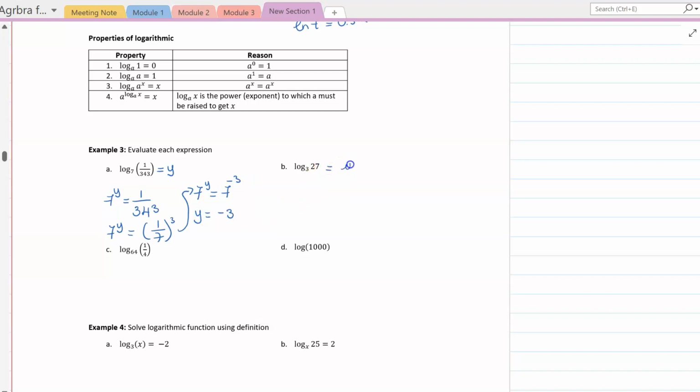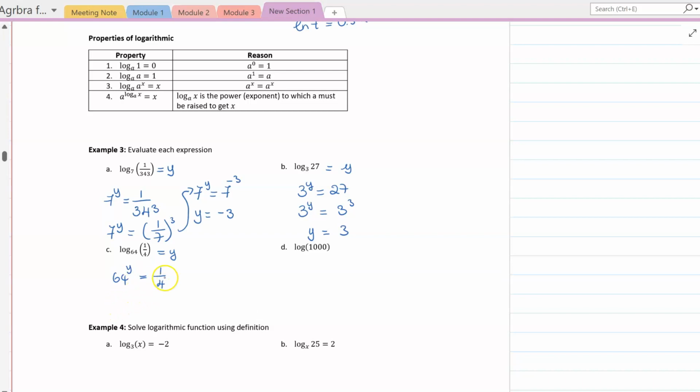The next one, that is equal to y. 3 to the y equals 27. So 3 to the y equals 27 is 3 to the third. So then y equals 3. In the next case, 64 to the y is equal to 1/4.